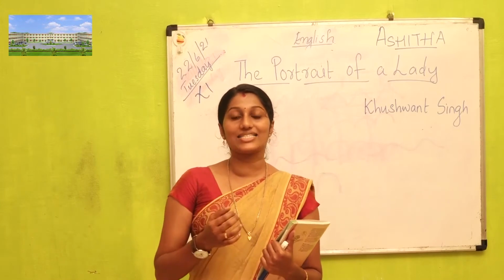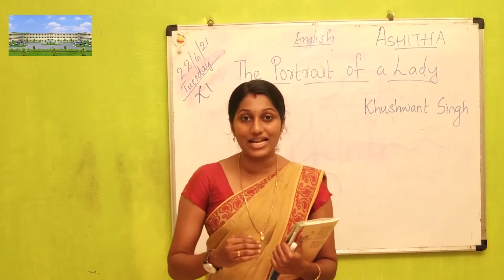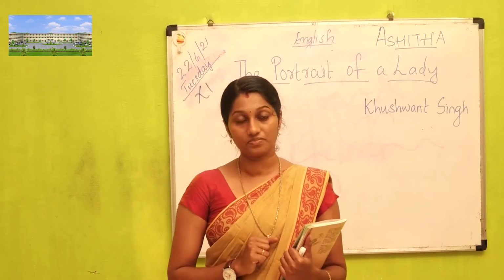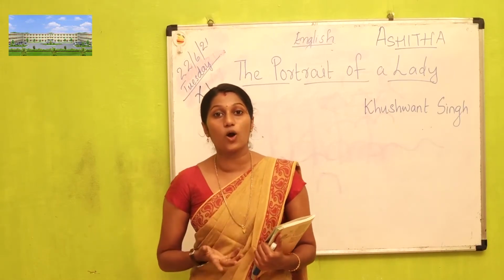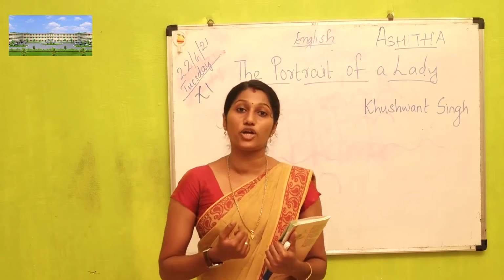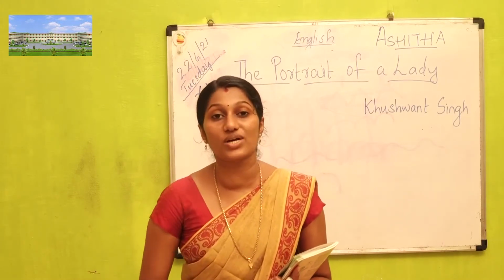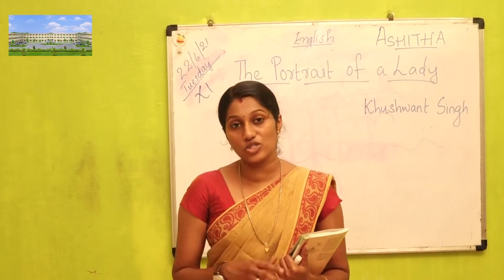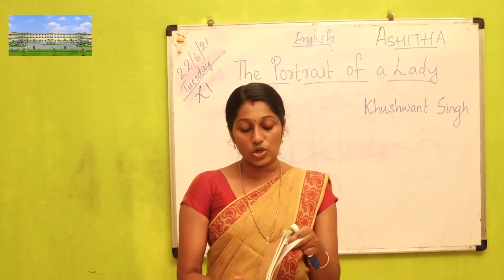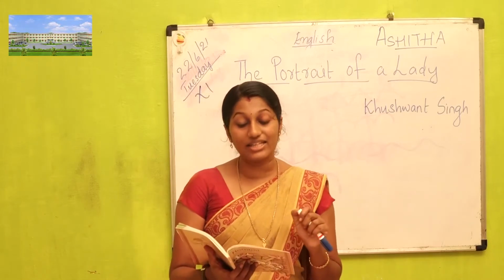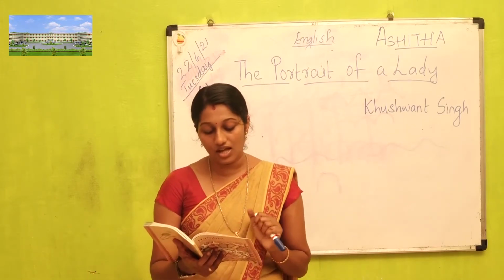He says that his parents left him while they moved to the city. So from that moment onwards, the grandmother and Khushwant Singh were very close to each other. When his parents left him with his grandmother, that's why they were good friends.